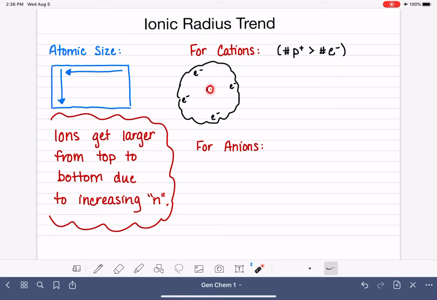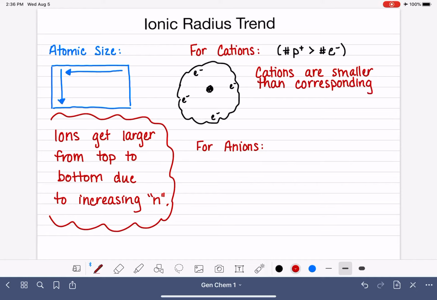This increases effective nuclear charge and results in all of the electrons being sucked tighter into the nucleus, ultimately causing the cation to have a smaller size than its corresponding atom. Cations are smaller than their corresponding atom. I'll explain what I mean by corresponding atom in just a second.